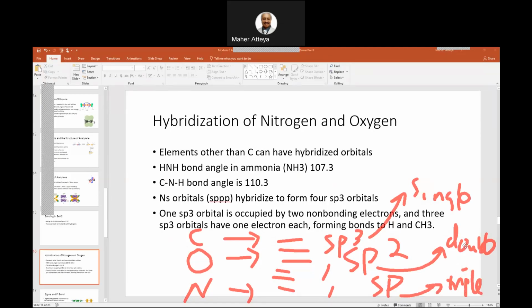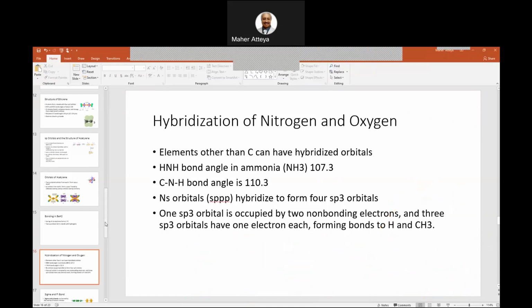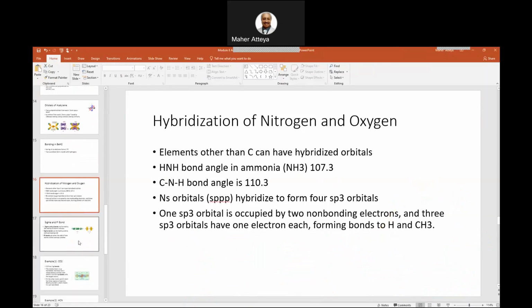Now I can go further and say let's look at some of this here. Let's look at CO2.